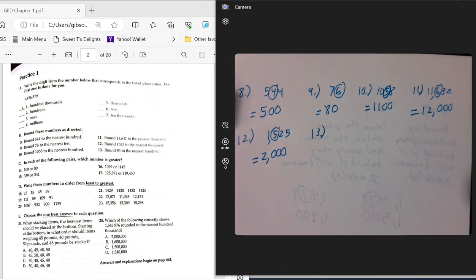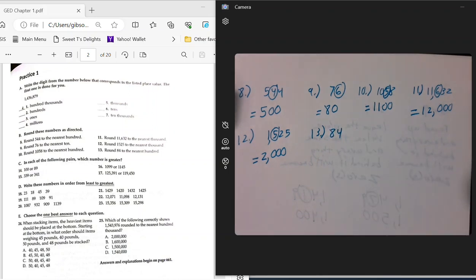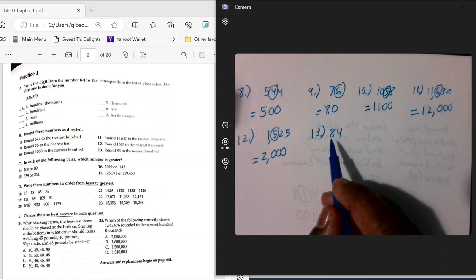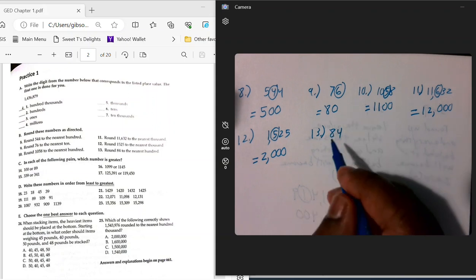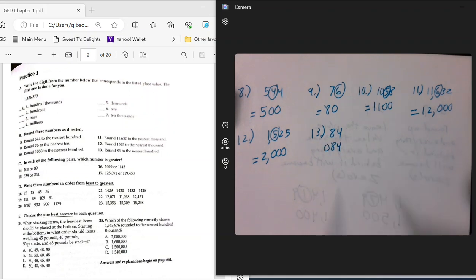So 13, it says round 84 to the nearest 100. So we have 84. Now, they want us to round to the nearest 100. Now, this problem here is a little unique because as you see, we do not have a digit in the hundreds place, but there's actually a number there. 84 is the same as saying 084.